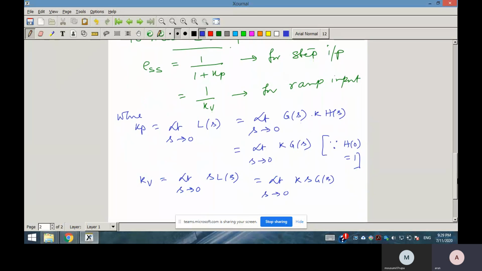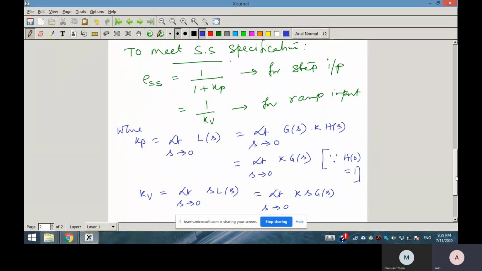In this way you can meet the steady state performance. Suppose a percentage error specification is given. From that percentage error specification, you can easily find what is your ESS. ESS say 10% means ESS is equal to 0.1.